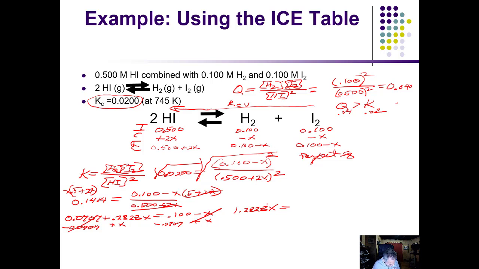minus 0.0707, which gives me 0.0293. So I get 0.0293. And then I just solve for x by dividing both sides by 1.2828.